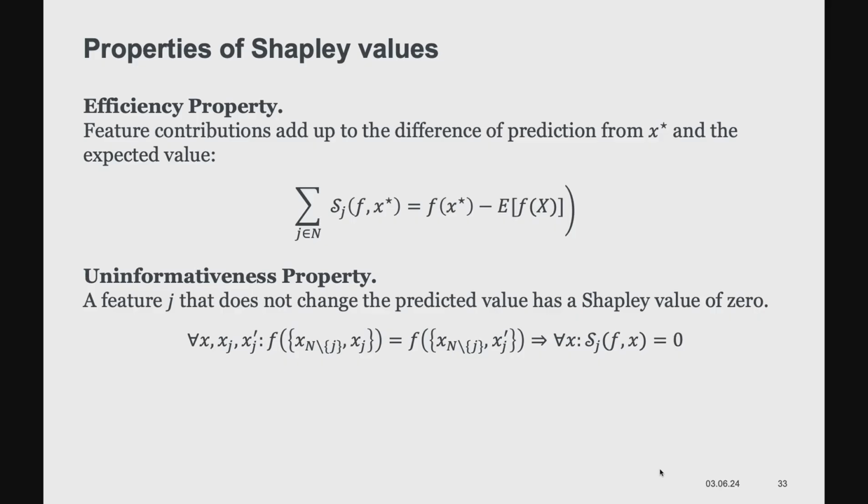So one property is the efficiency property. What is the Shapley value? When I take all the different attributes for my function f at a particular data item point, this is nothing else than the function value at this point minus the expected value of the function over all data items.